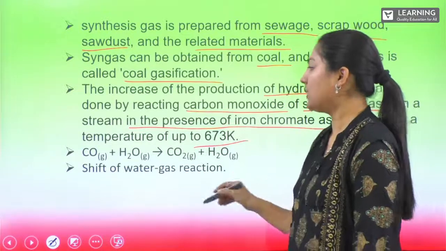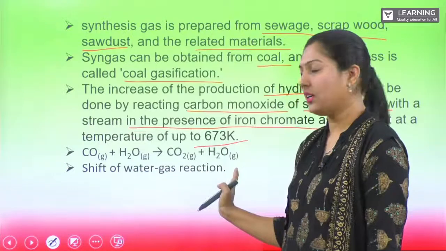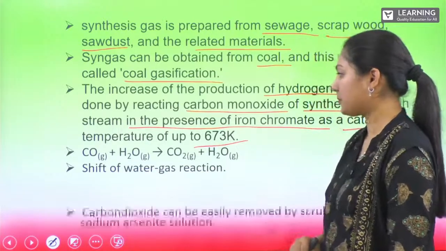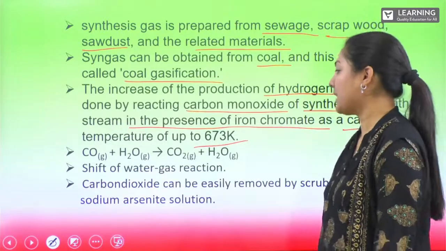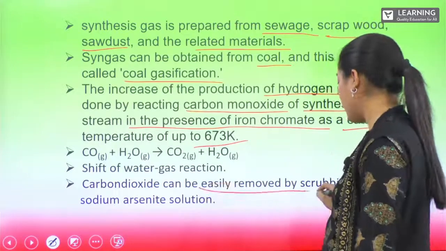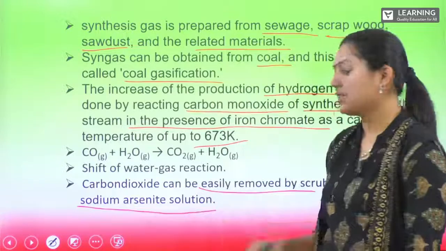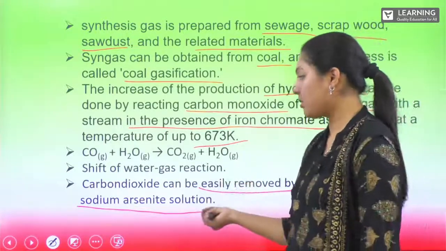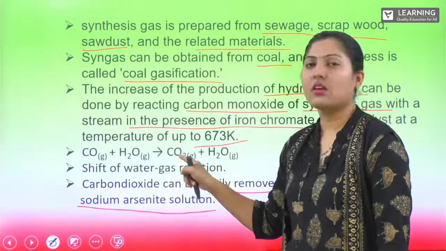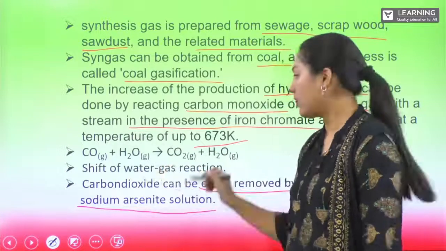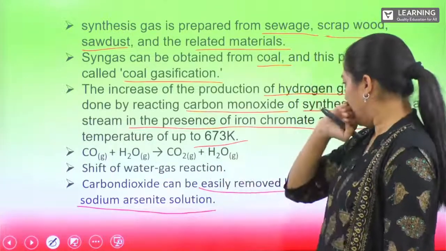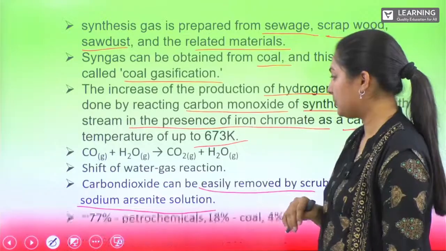So we also call this the water gas shift reaction, where carbon dioxide can be easily removed by scrubbing with sodium arsenate solution. If you scrub with the sodium arsenate solution, carbon dioxide will be absorbed and we get the hydrogen gas.